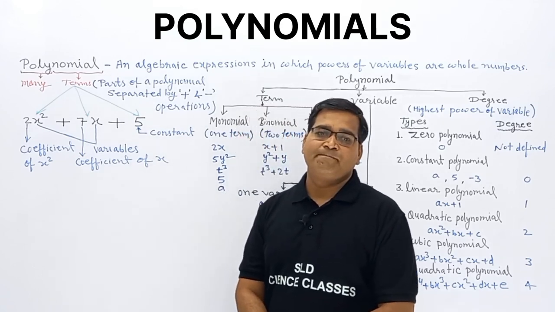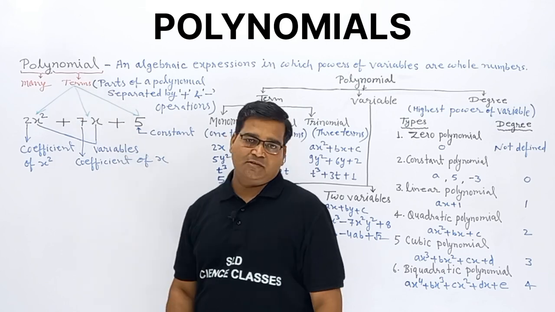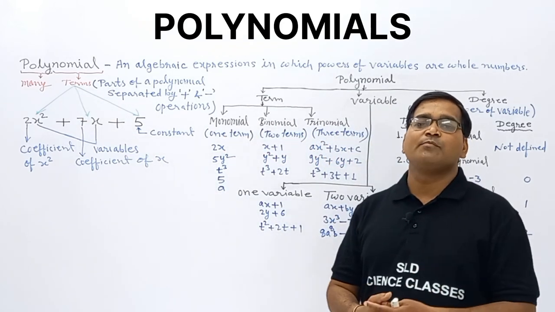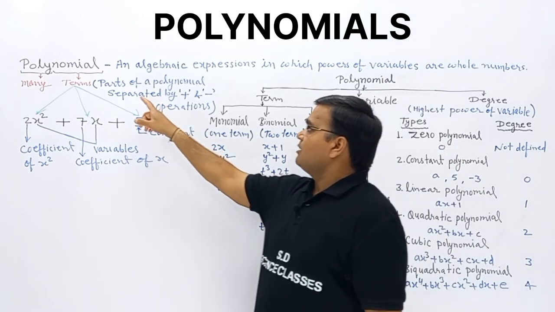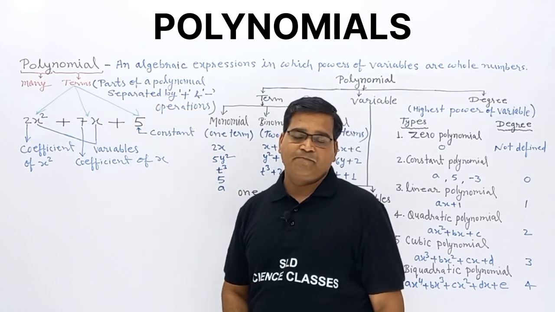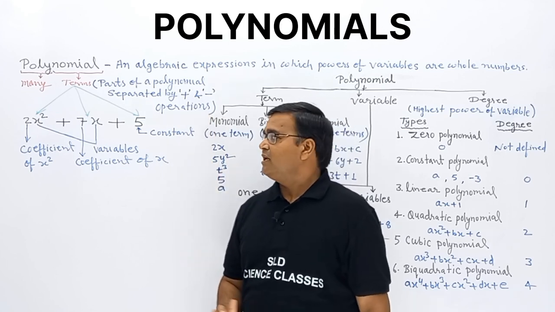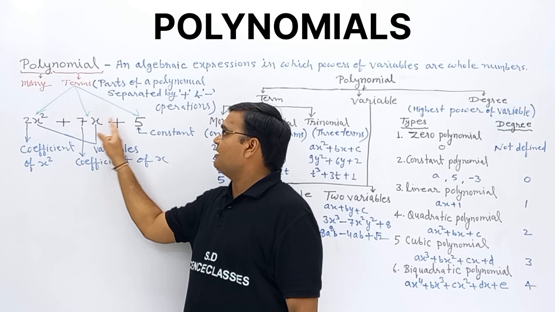Now first I want to discuss terms. Polynomials have many terms, and what are terms? Terms are parts of polynomials separated by plus and minus operations. Like this, there are three terms: first, second and third.